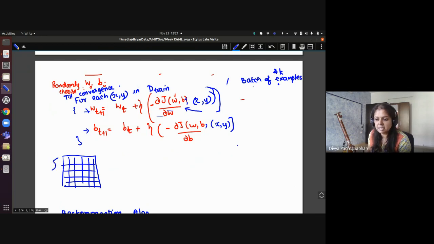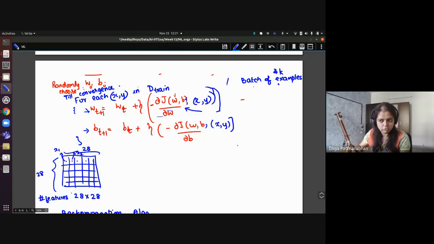An example in one of the references is 28 rows and 28 columns. Each element of this matrix is a feature. So this is like x1, this is x2, something like that. So your dimension is 28 times 28. This is the number of features that you start with.